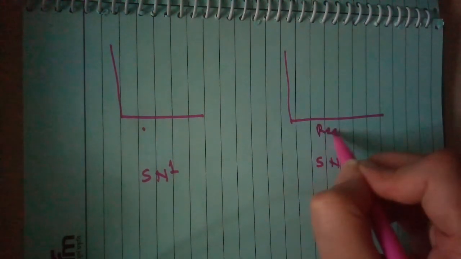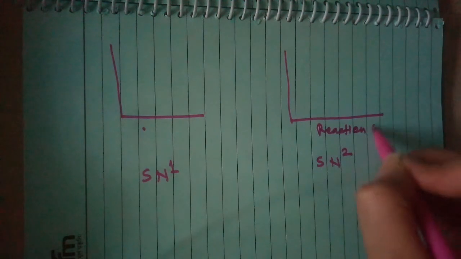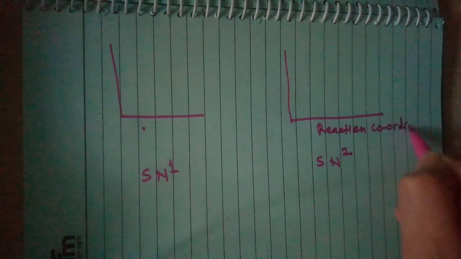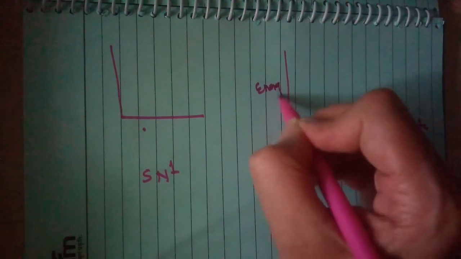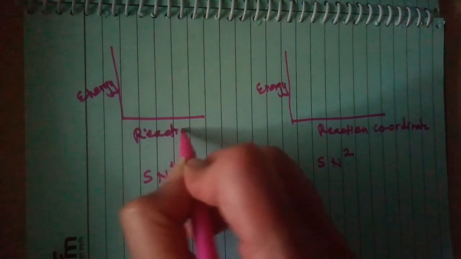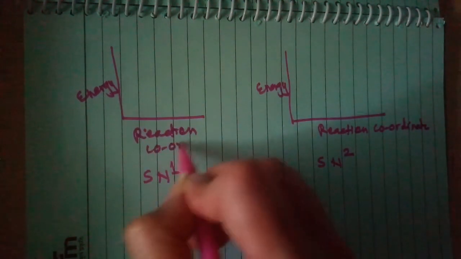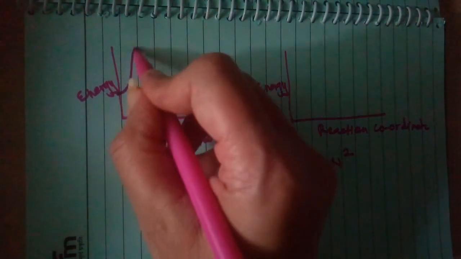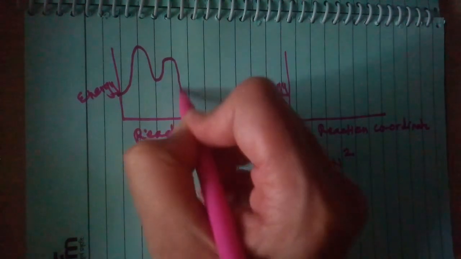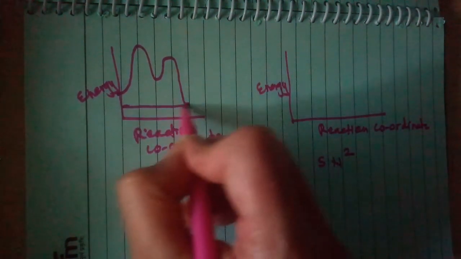This is the reaction coordinate on the x-axis, and here there is the energy, potential energy of course. If you draw the energy profile diagram for SN1, you will get 2 steps here. This is the energy of the product, this is the energy of the reactant.